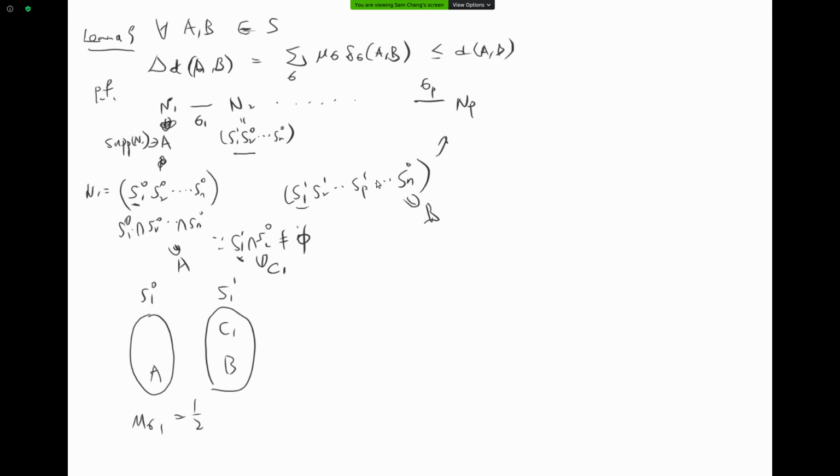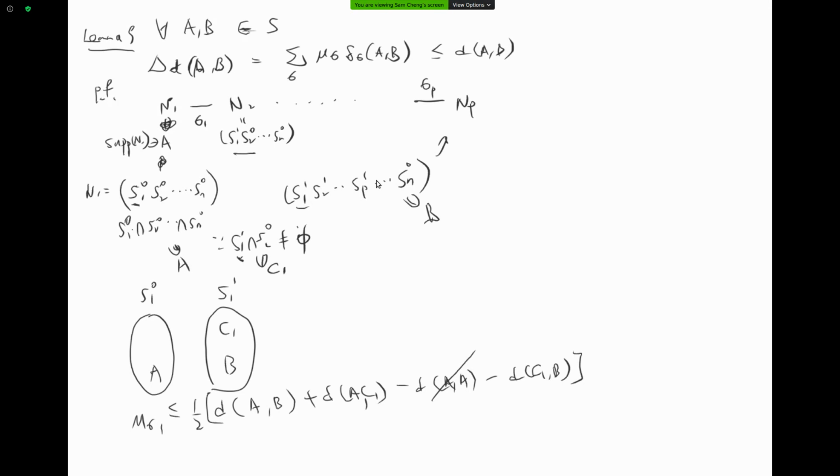So this value has to be less than or equal to d(A,B) plus d(A,C1) minus d(A,A), which is nothing, and minus d(C1,B). So I have sigma 1 like that.